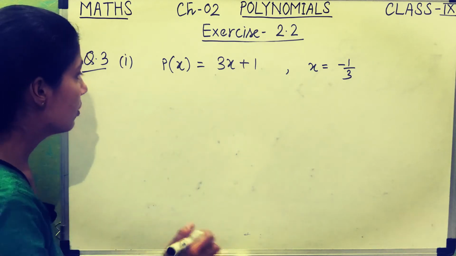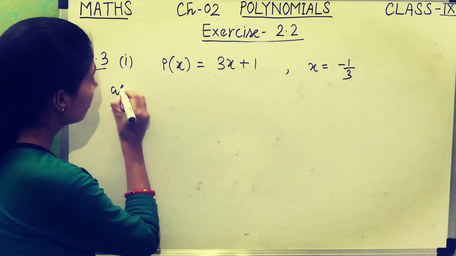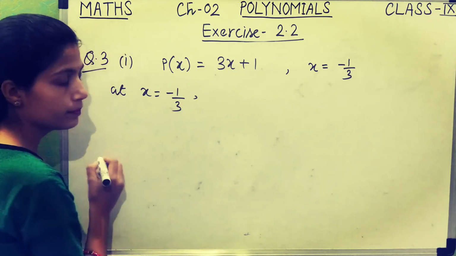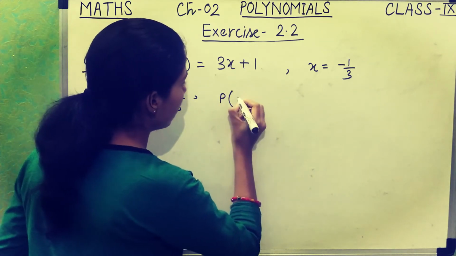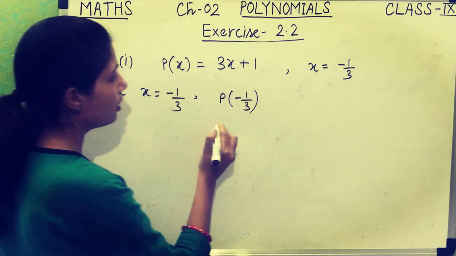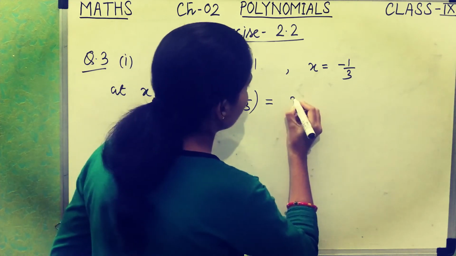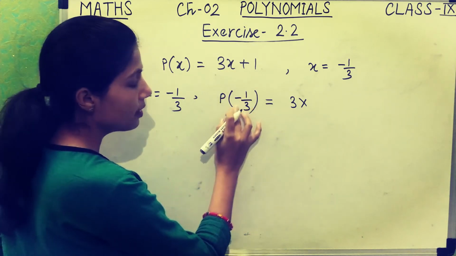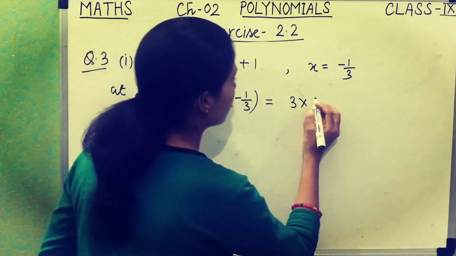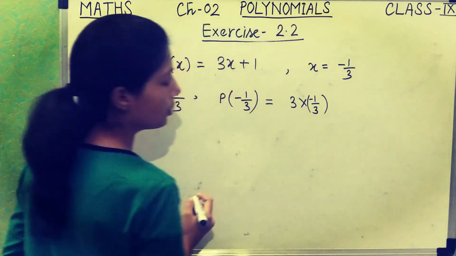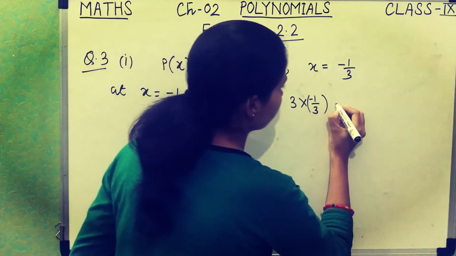Okay, so at x equals minus 1 upon 3, means at minus 1 upon 3 the value of the polynomial is 3 into x, here minus 1 by 3 which we have to check. So minus 1 by 3 we have to put in brackets, plus 1.